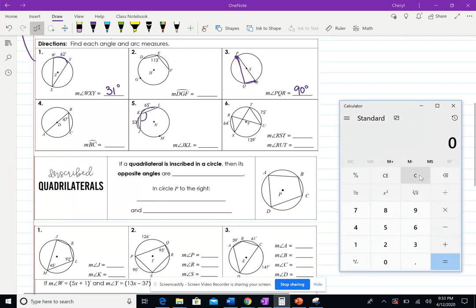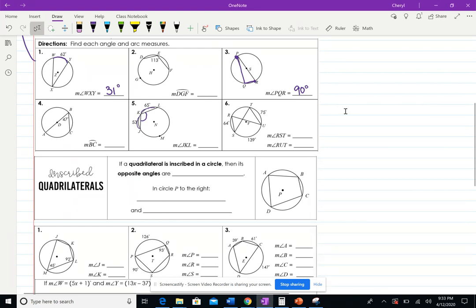So 53 plus 65 is 118, subtracted from 360. Okay, 242. So this arc is 242. Okay, and the inscribed angle is half of that. So JKL is half of 242, which is 121.